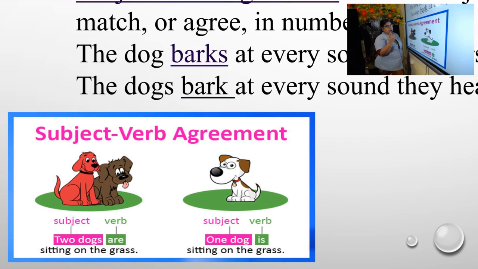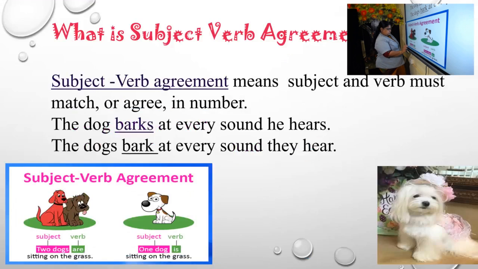So what have you learned? You have learned what is a subject, what is a predicate, what is a verb, and now we are going to learn about the agreement between subject and the verb. Two dogs, the subject is plural, so the verb is also plural. Here there is only a singular subject, so the verb is also singular. Can we study this in detail?